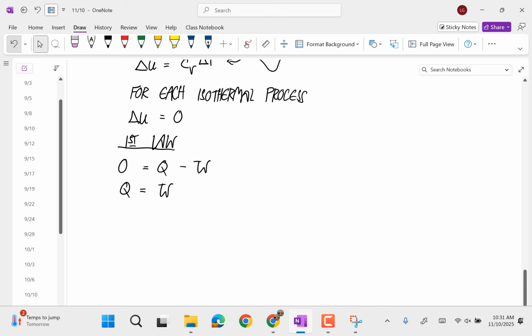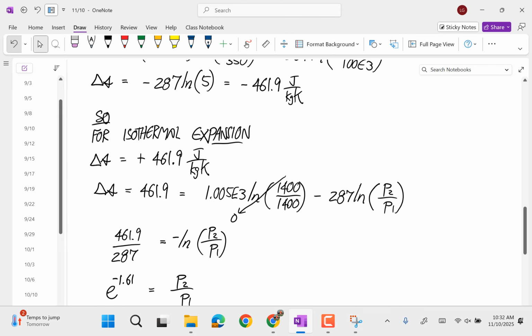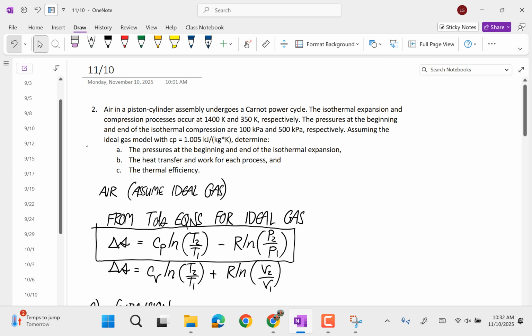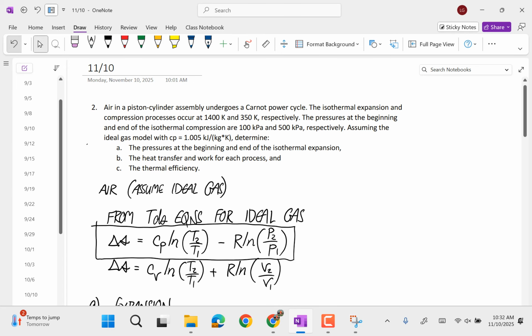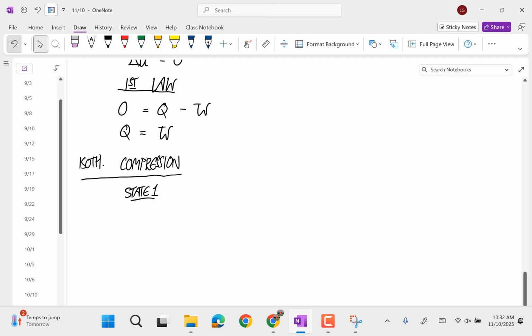Okay, well, what can we say? Let's start with the compression. This is the isothermal compression at 350 K. So at state 1, the temperature is 350.